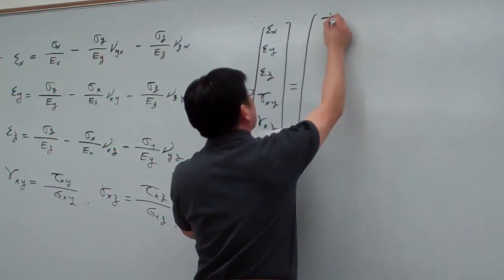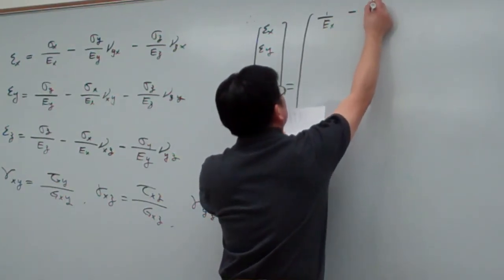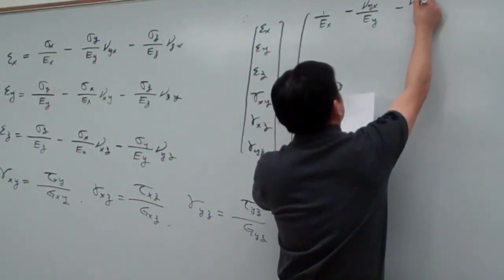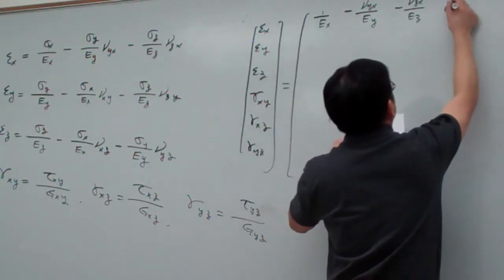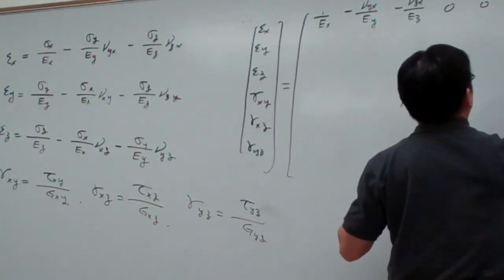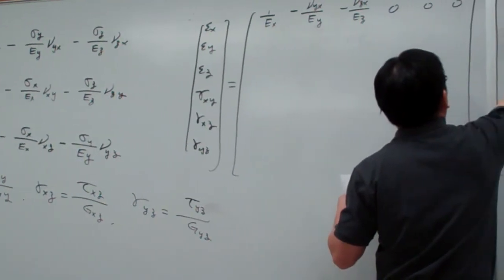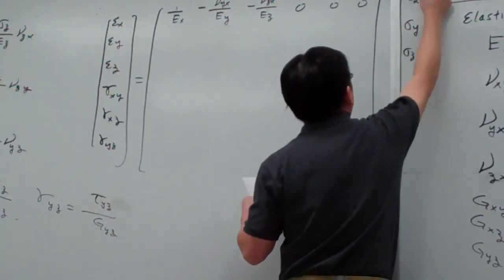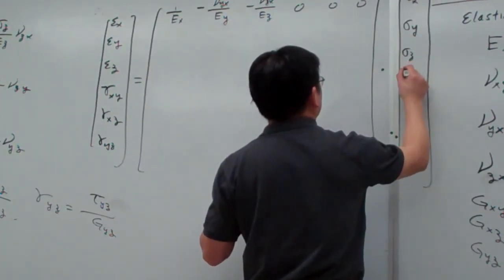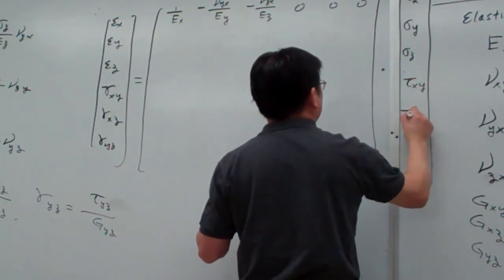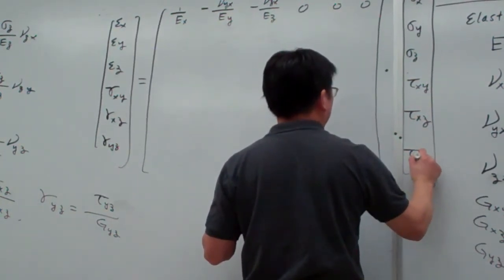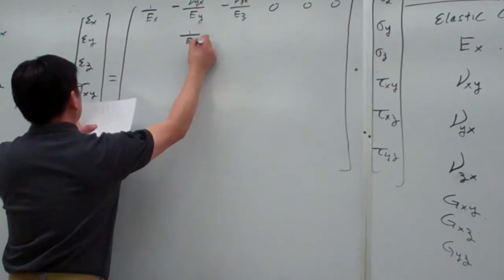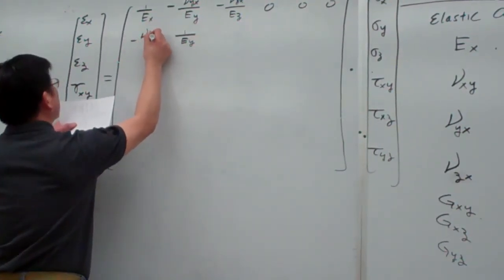That would be 1 over Ex, minus mu yx over Ey, minus mu zx over Ez, 0, 0, 0. And here is sigma x, sigma y, sigma z. These are matrix multiplications. Tau xy, tau xz, tau yz. And this one you don't need to write, okay?